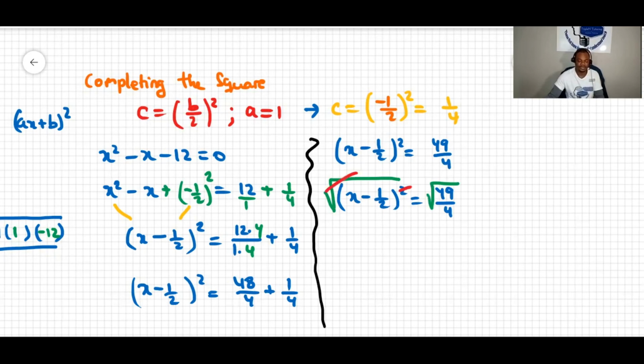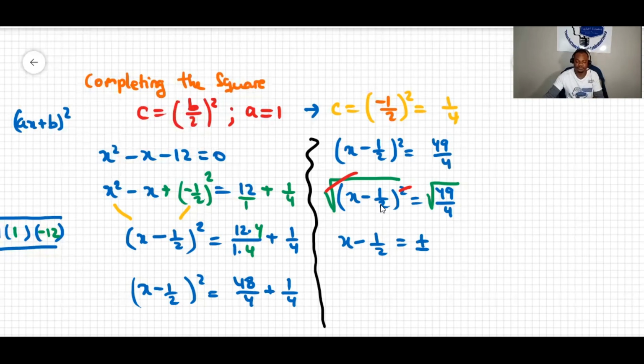And then I'm left with x minus a half equal to, okay, at the moment that we put the square root, understand that when we have an equation, meaning variable and numbers and the square root, this part will be plus or minus automatically.